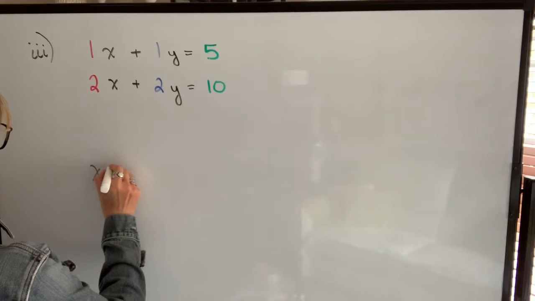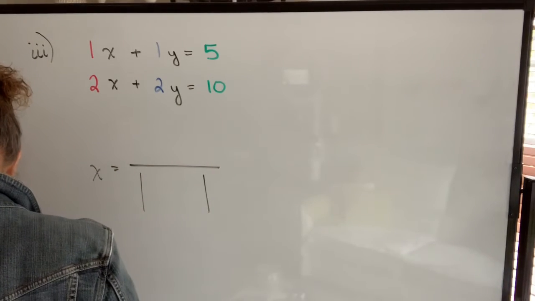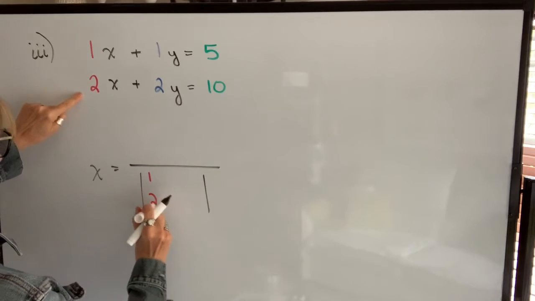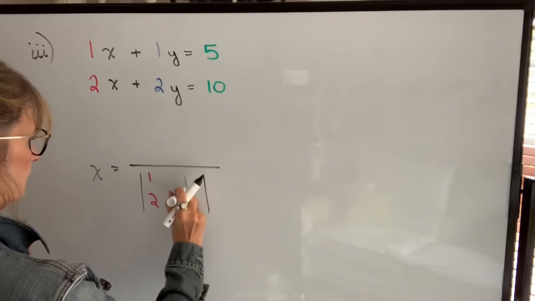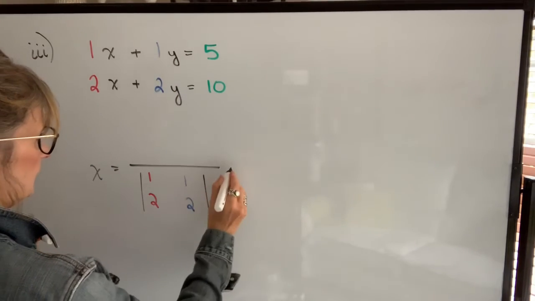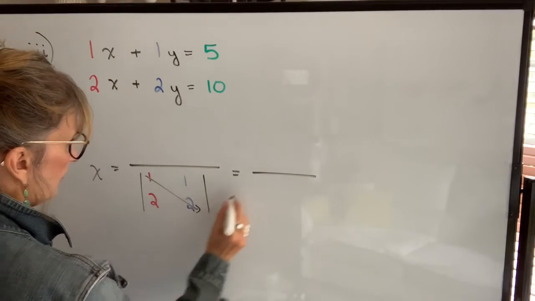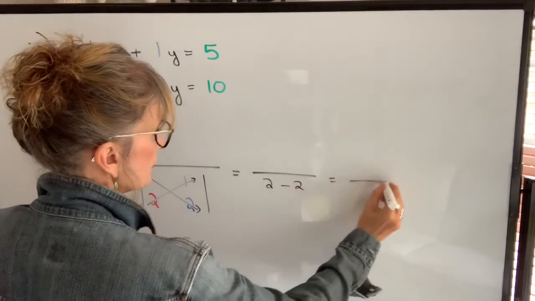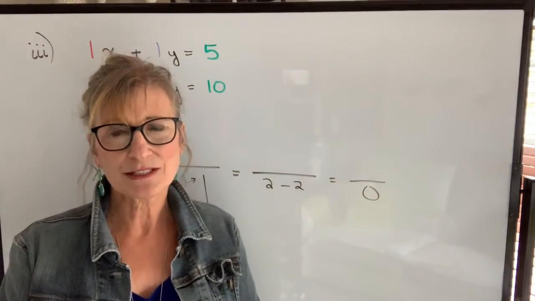If I do x equals, and I take the determinant for the denominator, it will be my coefficients for x, followed by my coefficients of y, and if I were to evaluate that, I'm going to get 2 minus 2, which is 0. You know that there's an issue if you have a denominator equal to 0.